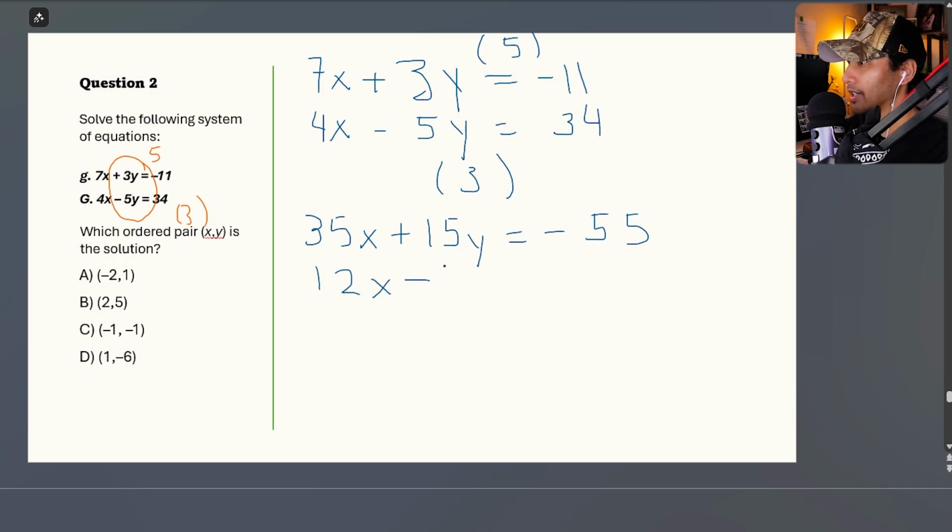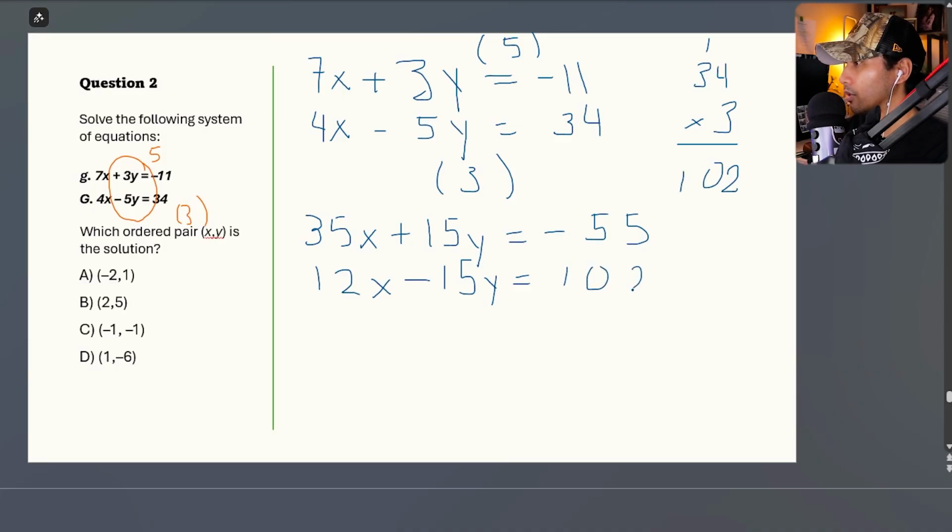And then we would get here 12x minus 15y equaling 3 times 34. That's a big number. Let's just do that off to the side, and we get 102, positive 102. So now we could eliminate the y variable, and what we're left with is x.